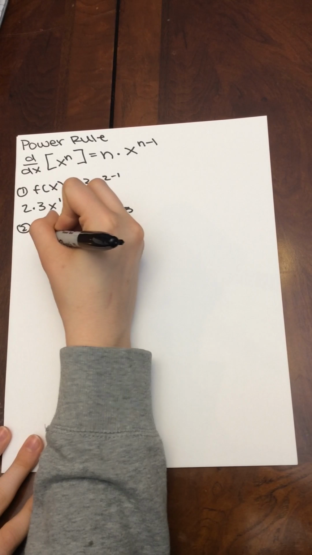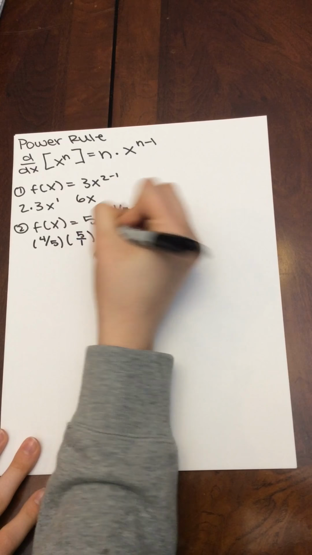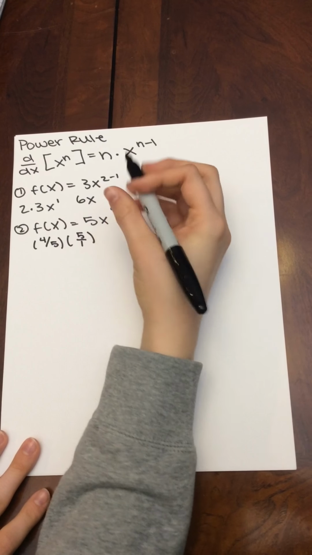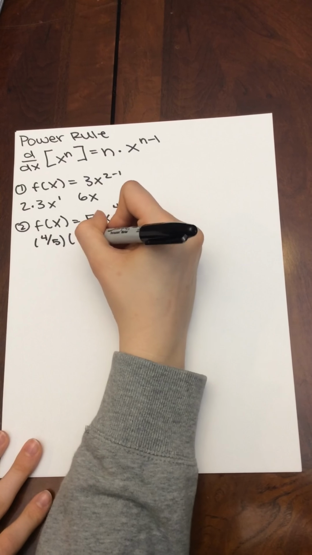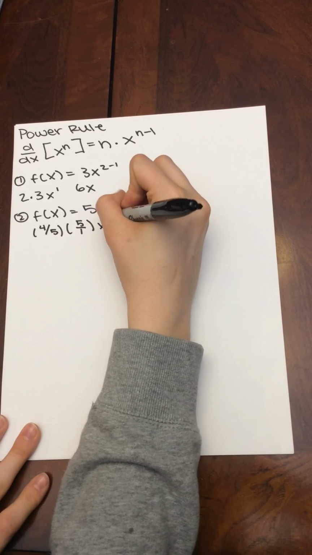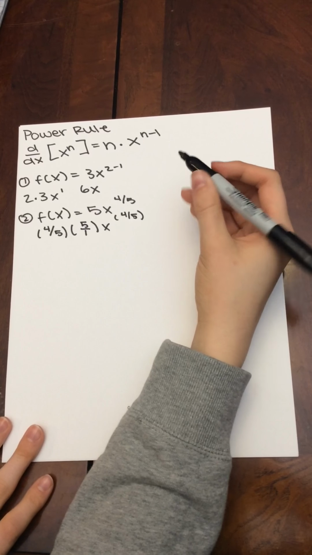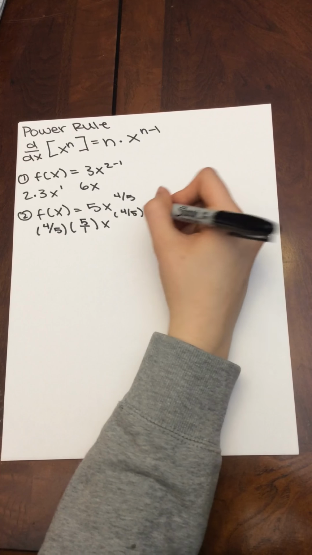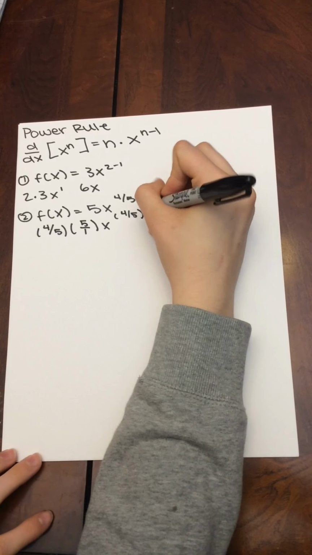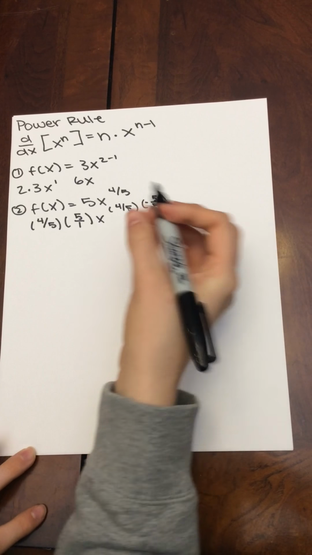So you have 4/5 times 5/1, because any whole number, like a 5 or 6, is always over a 1. And then you have x to the power of 4/5, and you subtract 1. But you want the denominator to be the same, so you can subtract. So 1 is the same as 5/5.